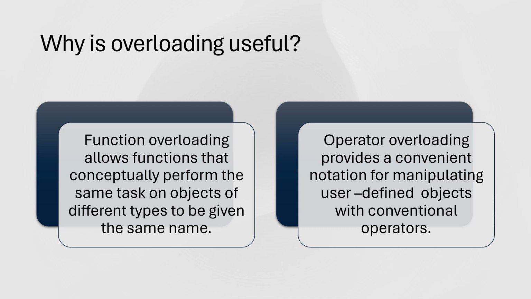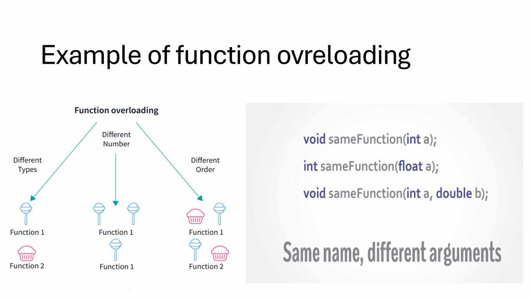Here in function overloading, we give the same name and the task is the same, for example adding two numbers, but the objects or types will be different. Operator overloading provides a convenient notation for manipulating user-defined objects with convenient operators. So here the objects are user-defined, but many operators can be overloaded.